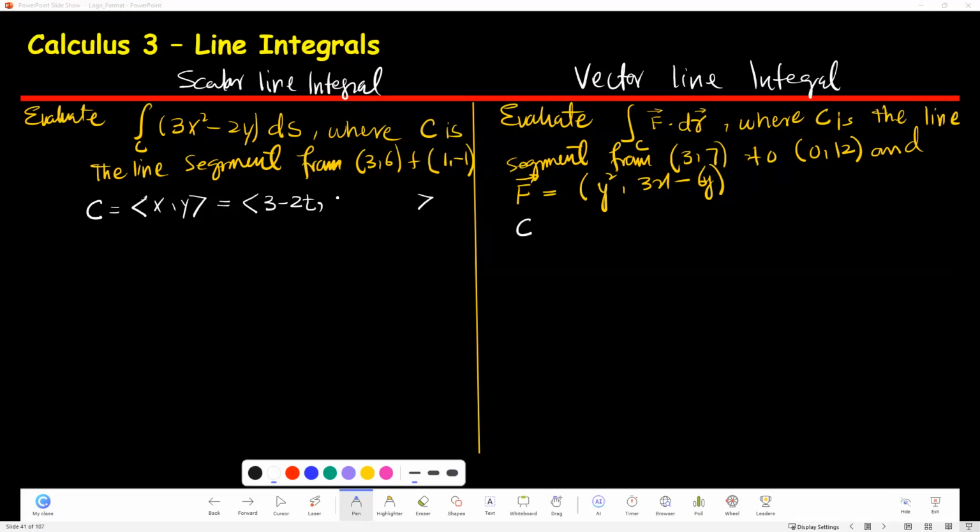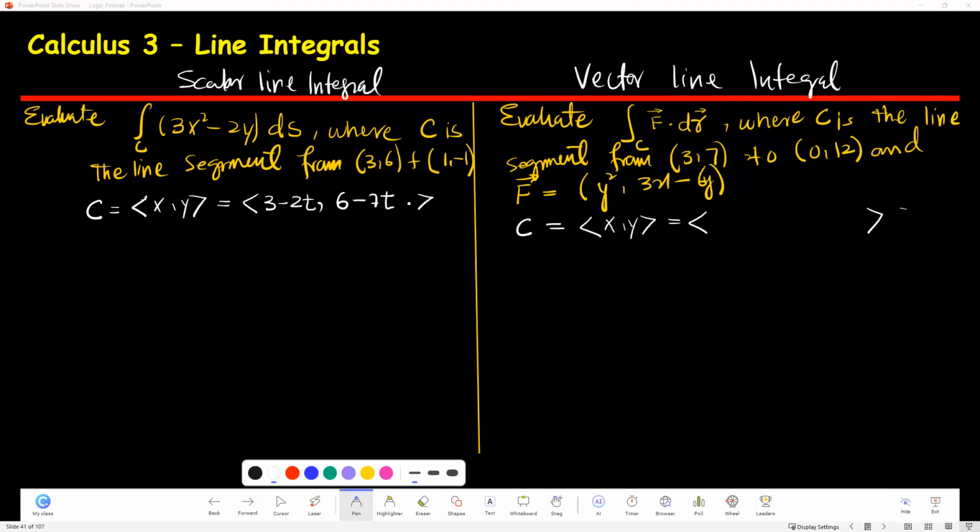And then for y, y naught is 6, and 1 minus 6 is going to be minus 7t. That is my parametric equation. Over here, it's going to be the same thing. I want my line in parametric form, x and y coordinates, and I'm going to be writing here.